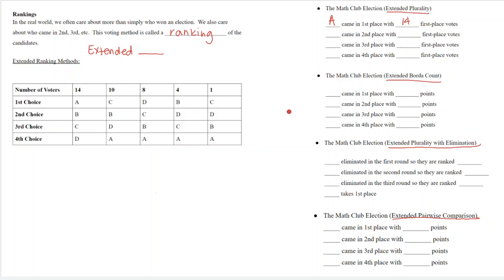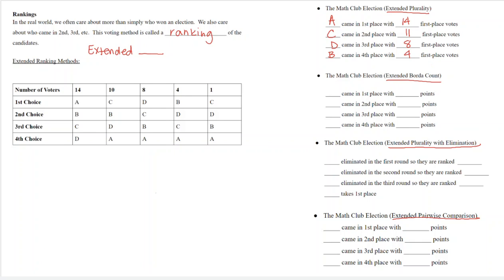Well, what if we care about all the other places? Carmen has 11 votes, so she is in second place. Dave has 8 first place votes, so he's in third place. And Boris has 4 first place votes, so he is in fourth place. So that is our ranking for extended plurality.